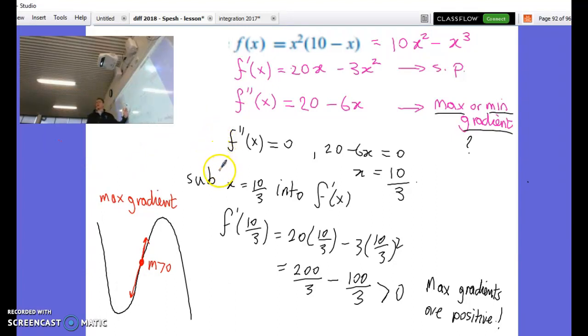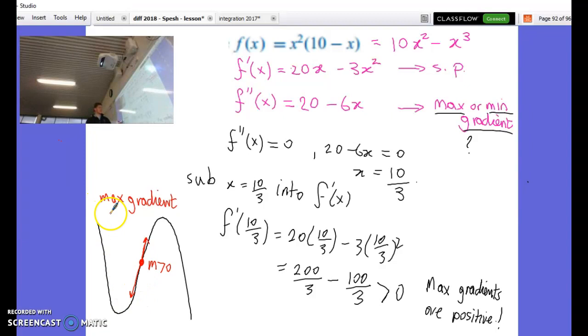in terms of thinking about the nature of the points of inflection, not the nature of a stationary point, but the nature of a point of inflection, whether it's a maximum rate of change or a minimum rate of change, you want to recognize that all maximum rates of change would be positive rates of change, such that the point of inflection has this kind of shape, and when it's on an increasing function, like so, when it's increasing coming up, there's going to be a point in between those two stationary points where you've got the largest positive gradient, all right?